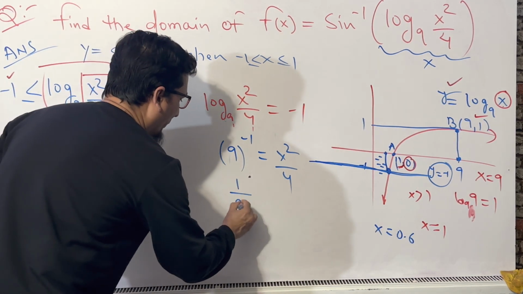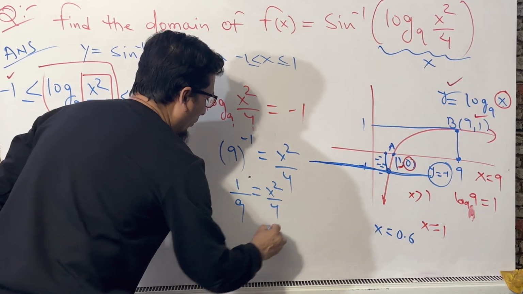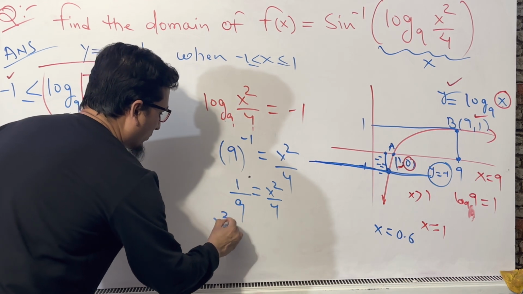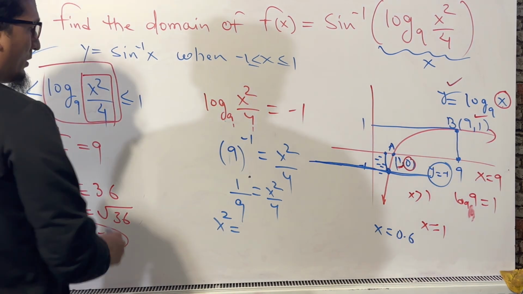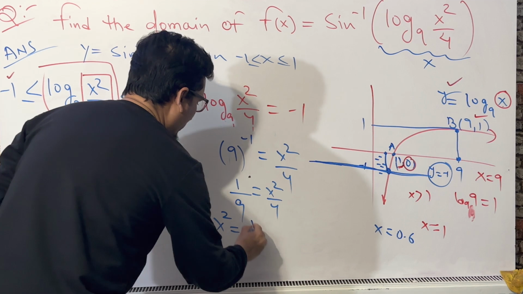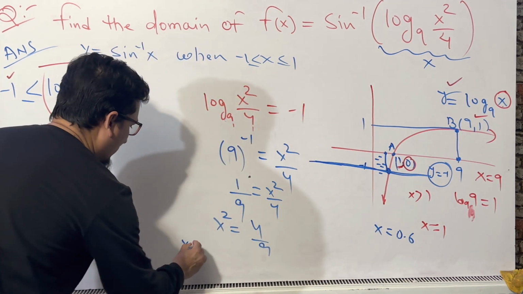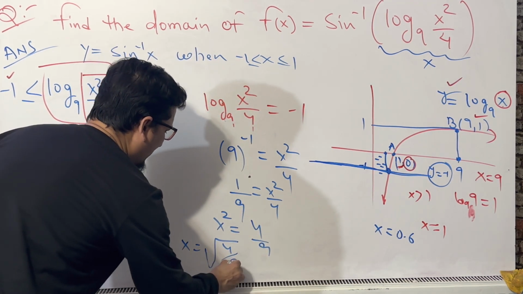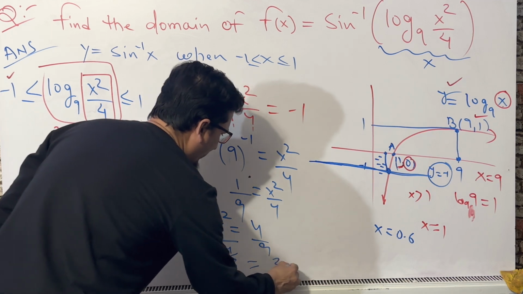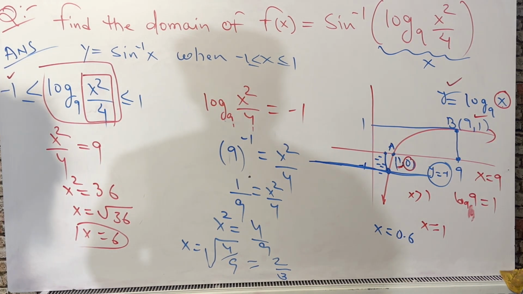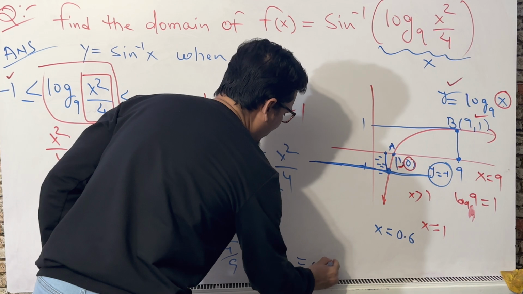This can be written as 1 by 9 equals x squared by 4. Then x squared is equal to 4 divided by 9. So x is equal to the square root of 4 by 9. Just take the positive value, which is 2 over 3. We know 2 over 3 is near about 0.6, as I told you.